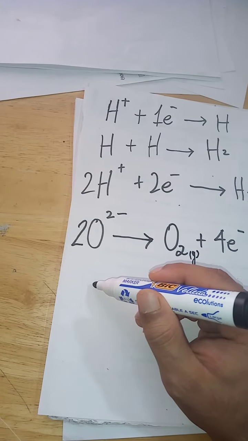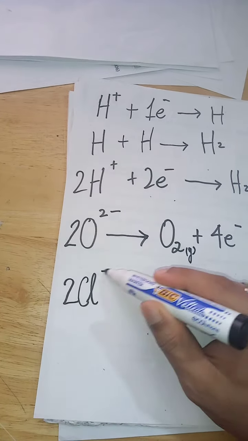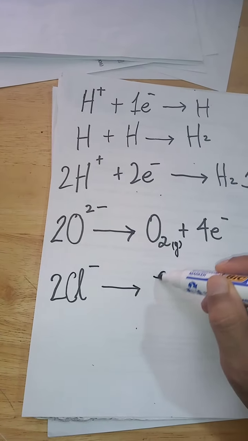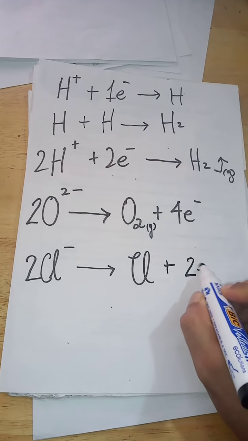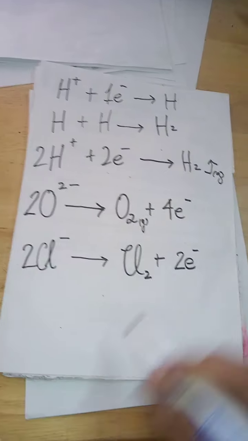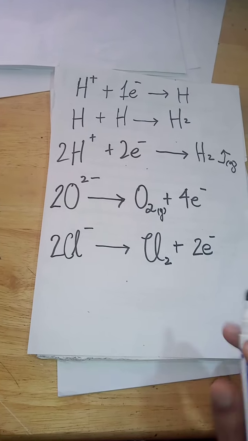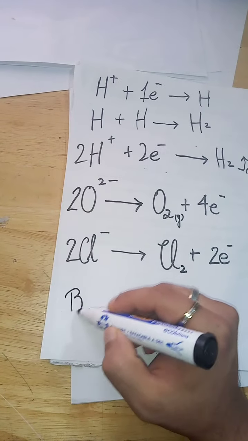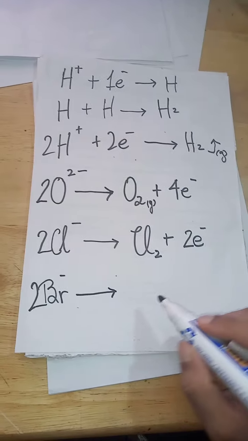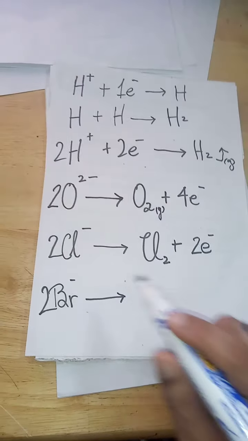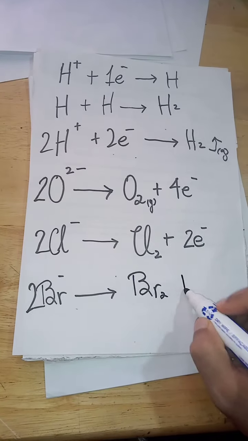For chlorine, it'll be at the anode, and off you go with chlorine at the anode. Similarly for bromine, it would be for every 2 moles, because it's monovalent, it would be releasing 2 moles.